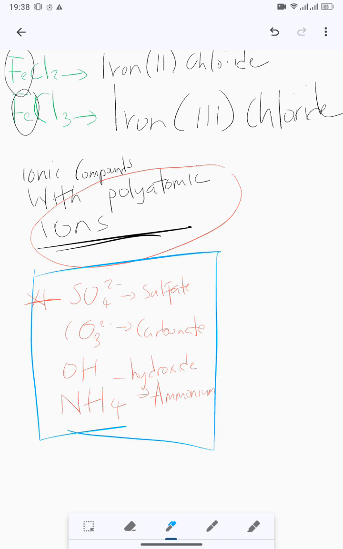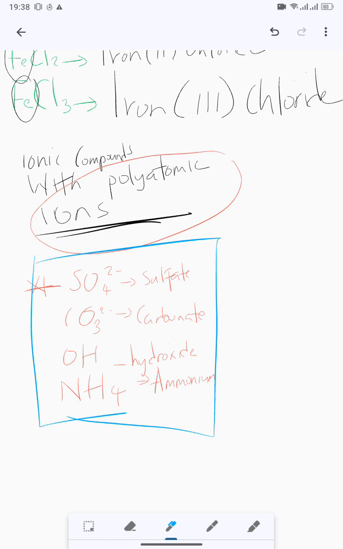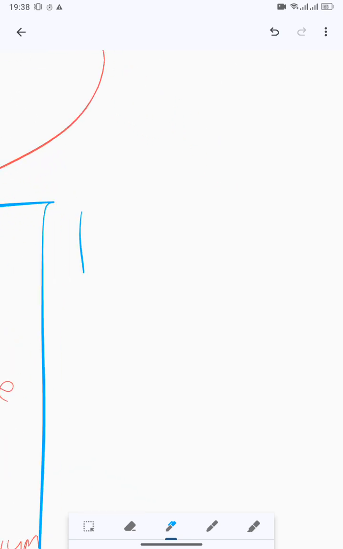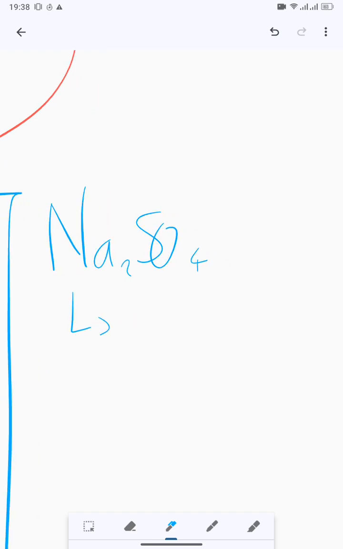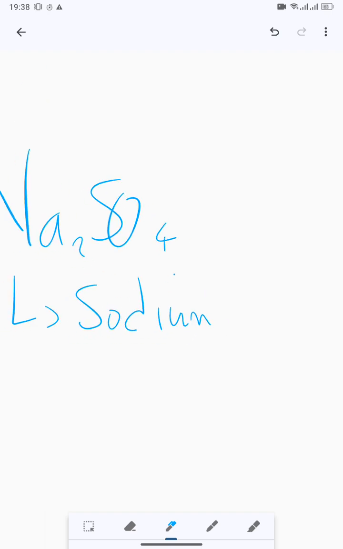Now, to name an ionic compound with a polyatomic ion, it's very simple. For example, you'll find a question with just sodium attached to SO4. How will you name this? You simply say sodium, the metal, and then you put the name of the polyatomic ion.